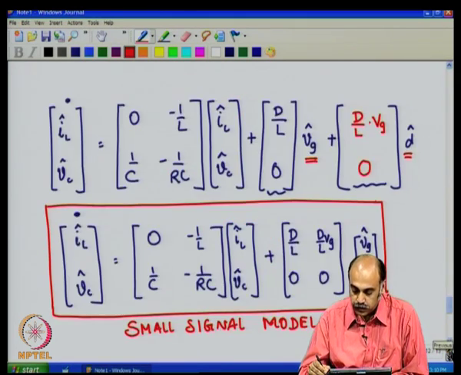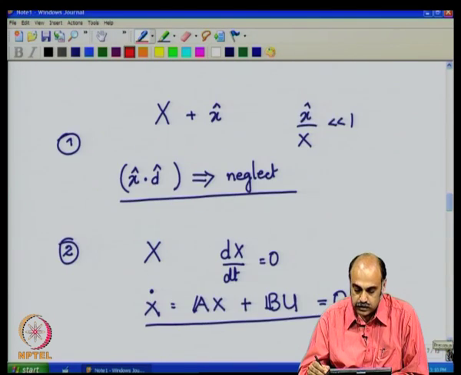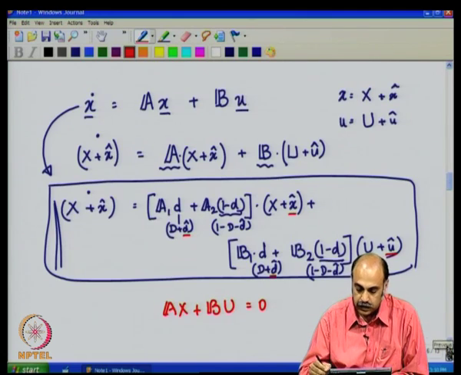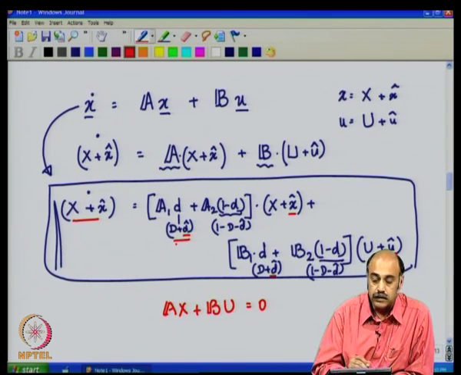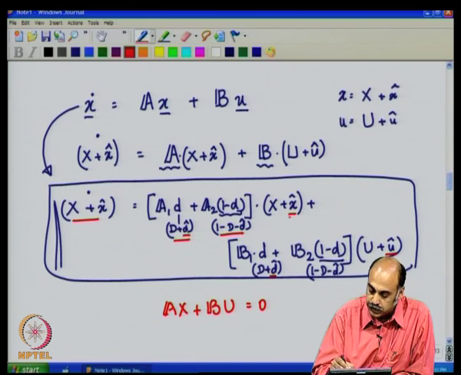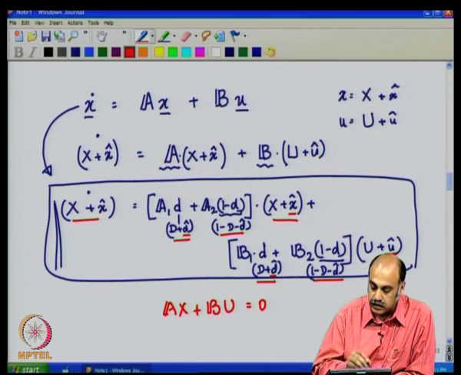But you should note that it all starts from the application of the steady state portion and small signal portion to the original average large signal equation.